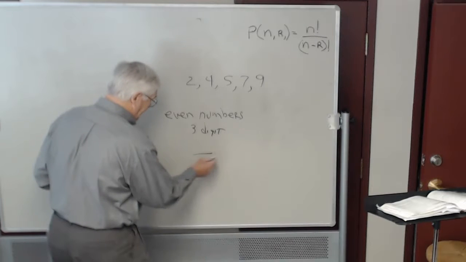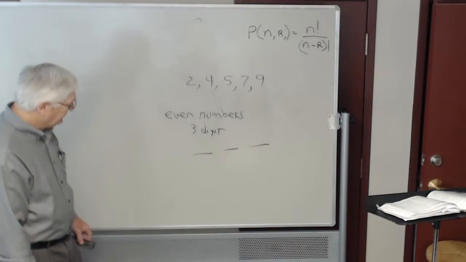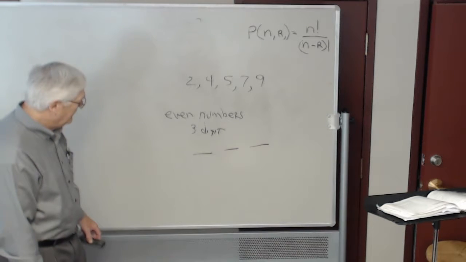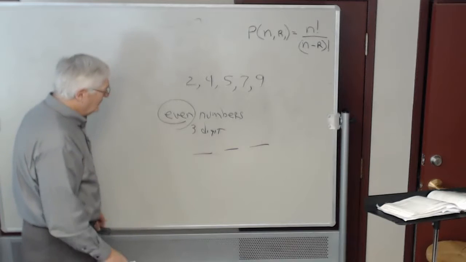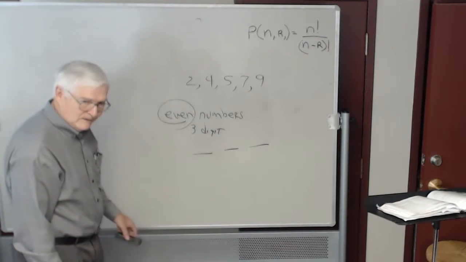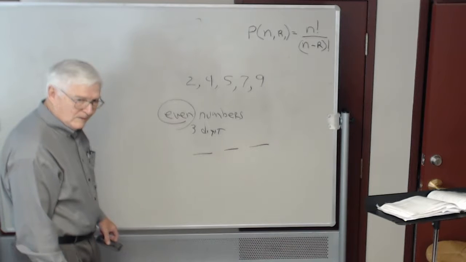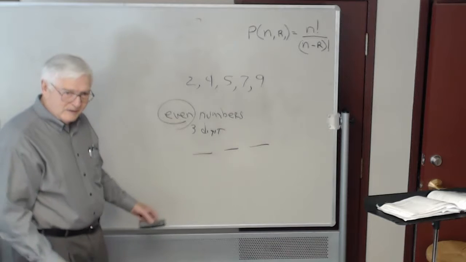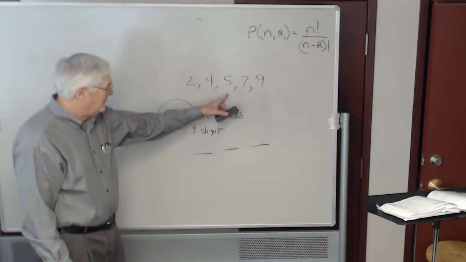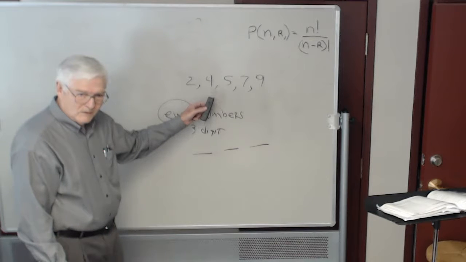So that means it's going to have 1, 2, 3 digits, right? And it has to be an even number. So what does it have to end in? A number that's divisible by 2. Even numbers end in what? 0, 2, 4, 6, 8.